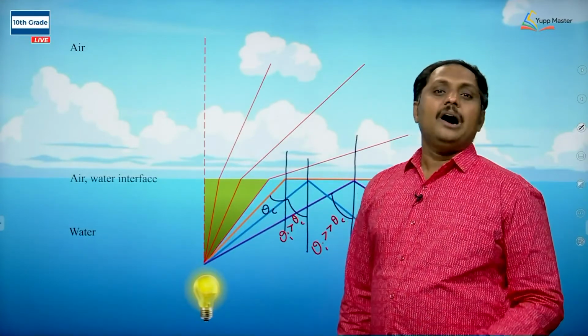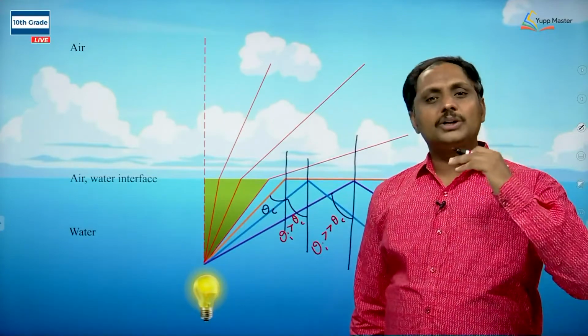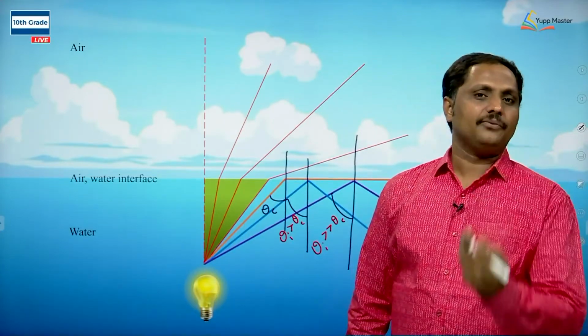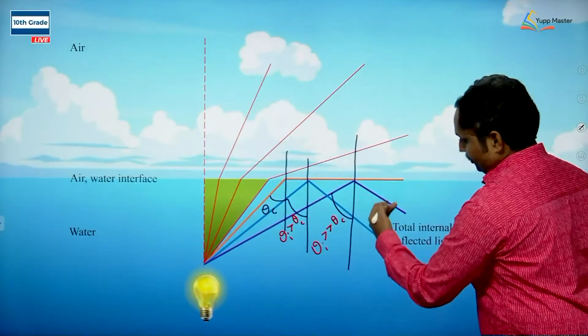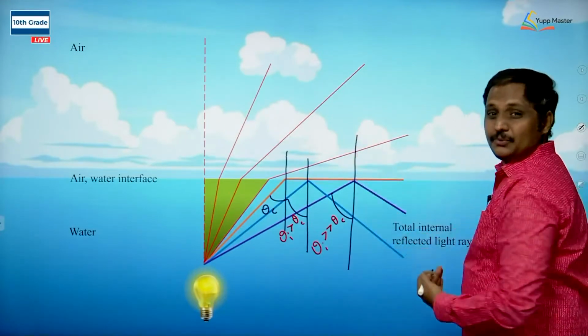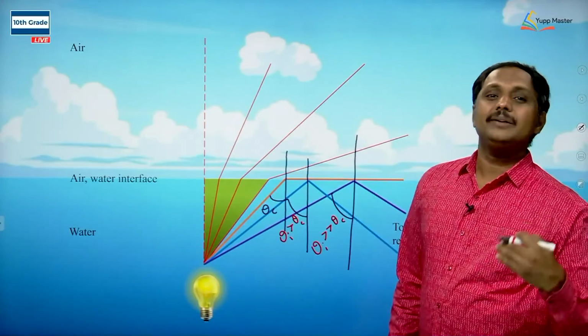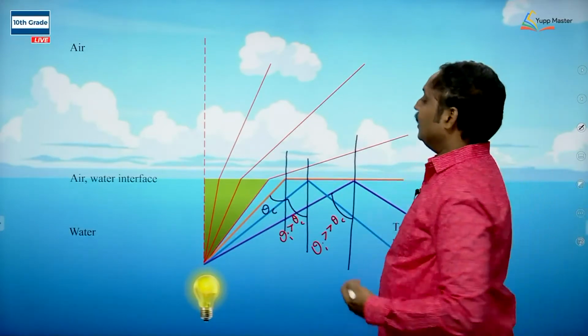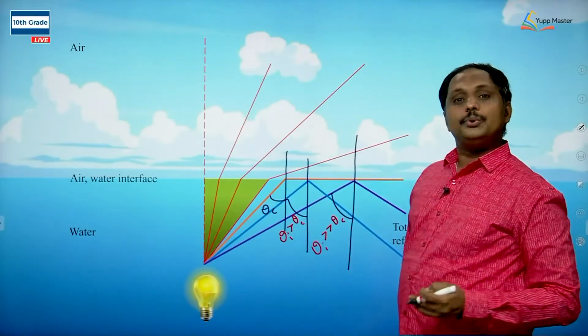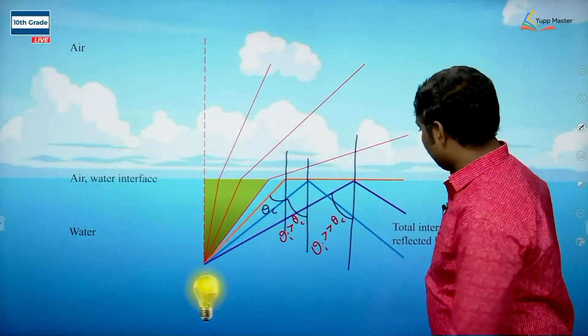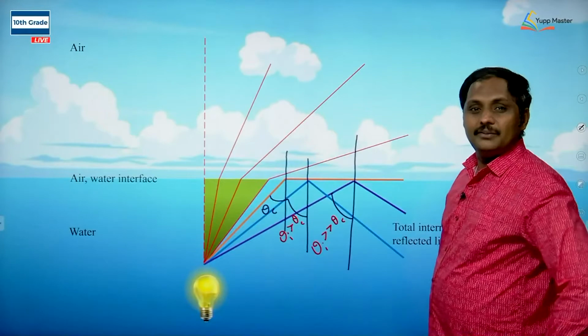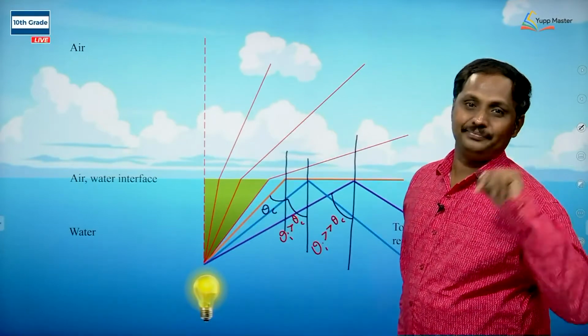Simply, all the incident light rays above the critical angle are reflected from the boundary, they rebound and return to the same medium. When you compare denser and rarer, that is very clear.